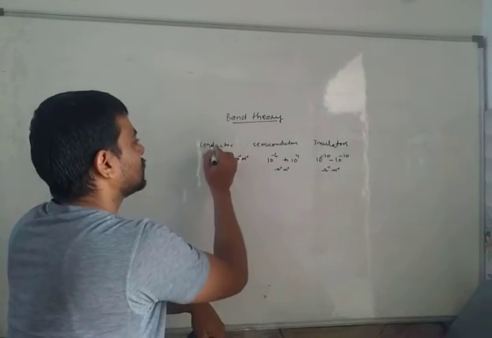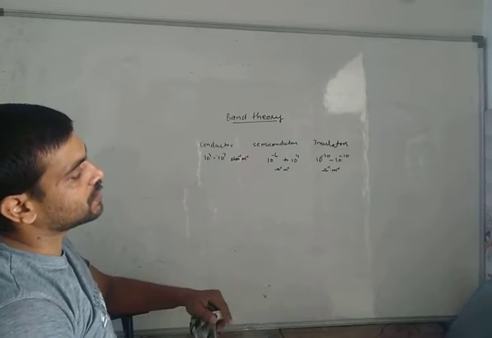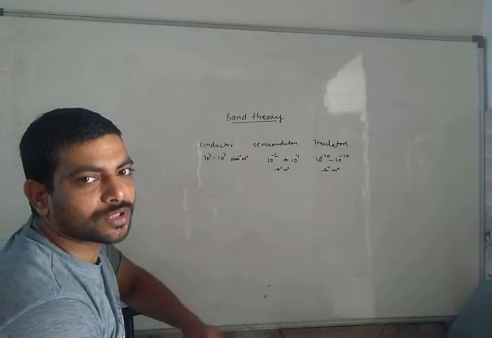So this is the conductivity range, and the substance behaves like a conductor, insulator or semiconductor.